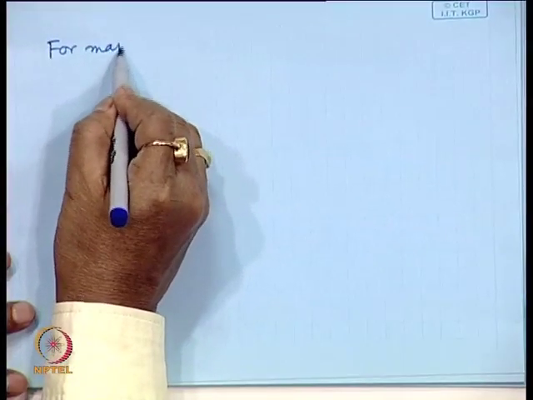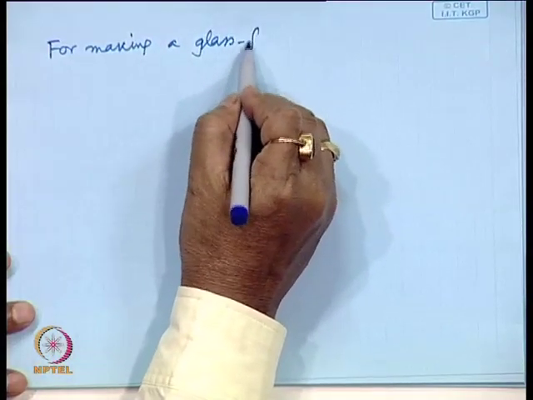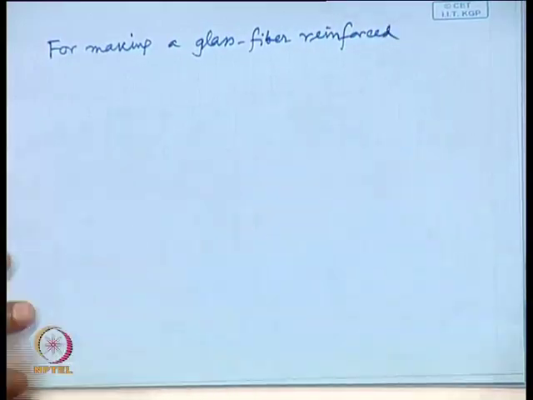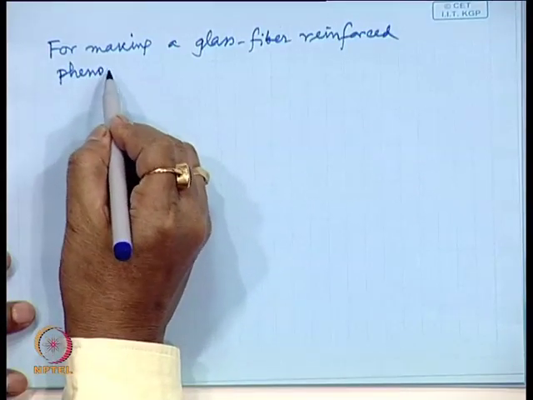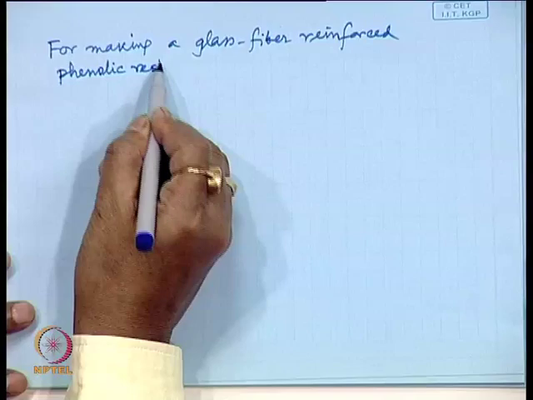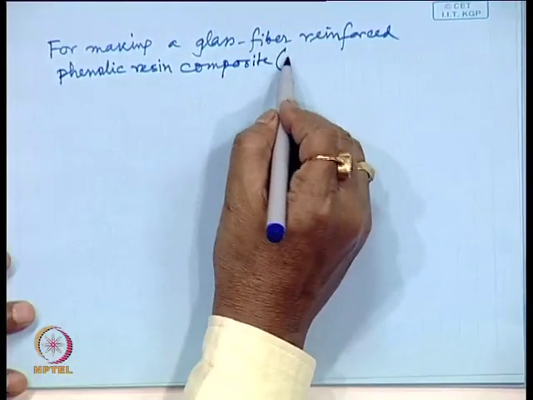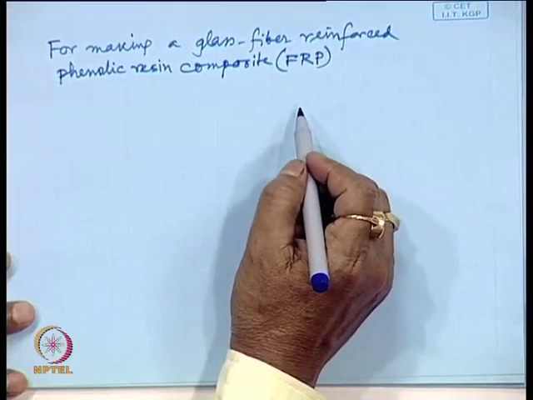Then you take that B stage polymer for making any laminate, any composite. So, for making a glass fiber reinforced phenolic resin composite, which is an FRP, fiber reinforced plastic, what is done?